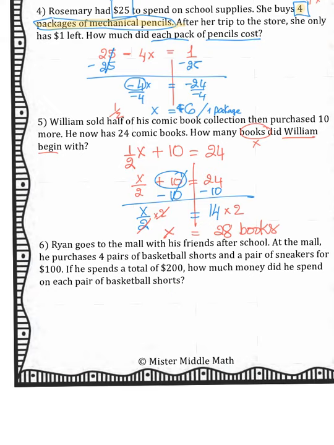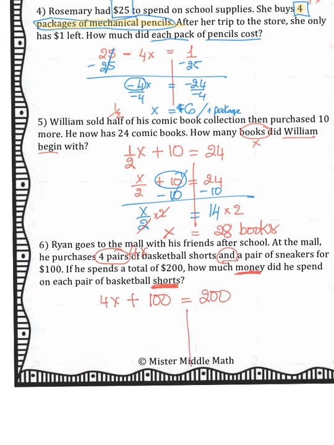So we don't know the cost of the shorts, but we know that he bought 4 pairs, so we have 4x. And he bought sneakers for $100. He just bought 1 pair. And then the cost in total is $200.